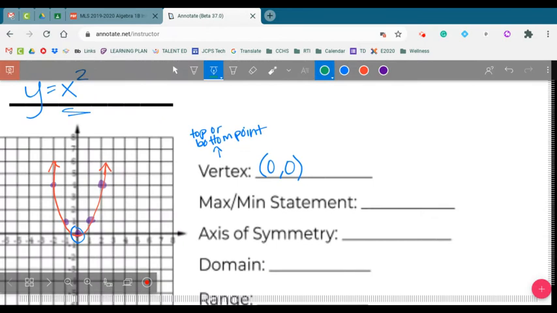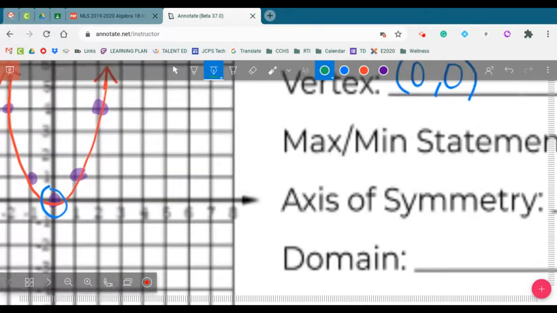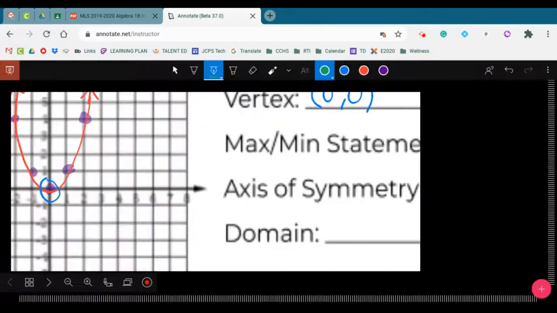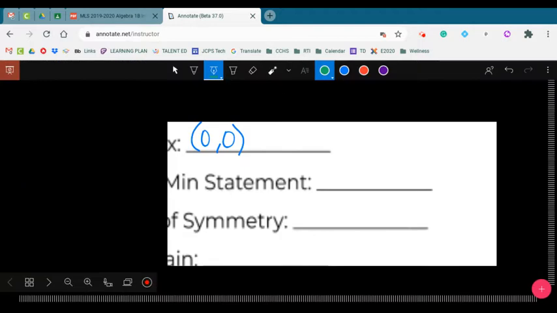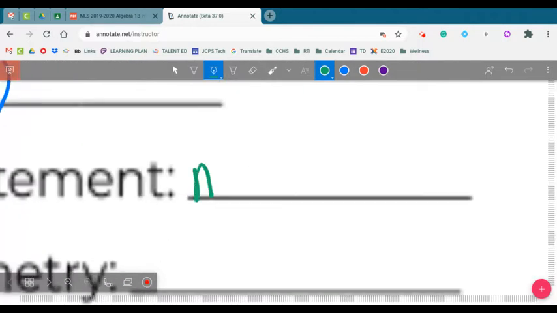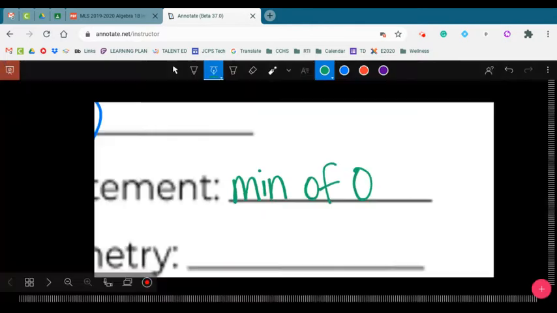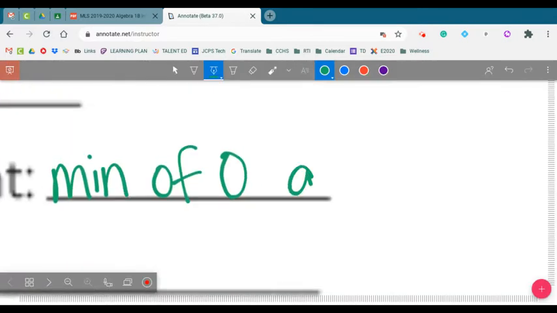Now our next thing: is it a max or a min? We look at our vertex. Is it the maximum value or the minimum value? This one, our vertex is at the bottom, so it's going to be our minimum. It's a min of 0 because it's at 0 on my y-axis at x equals 0.